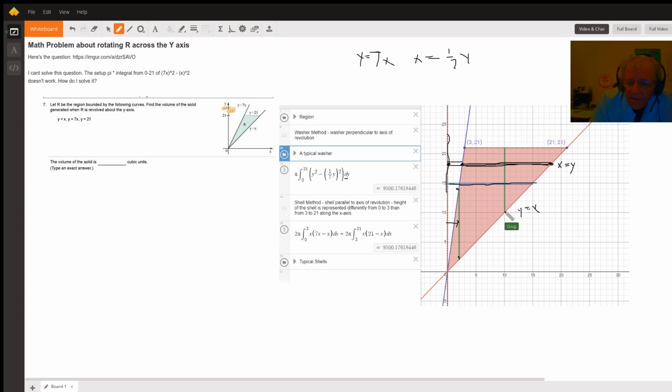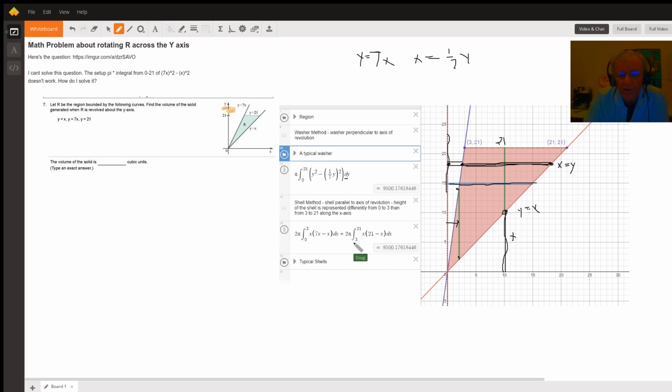So this is 21. This distance is x, because y equals x, and I have to subtract that to get the height of this green segment.